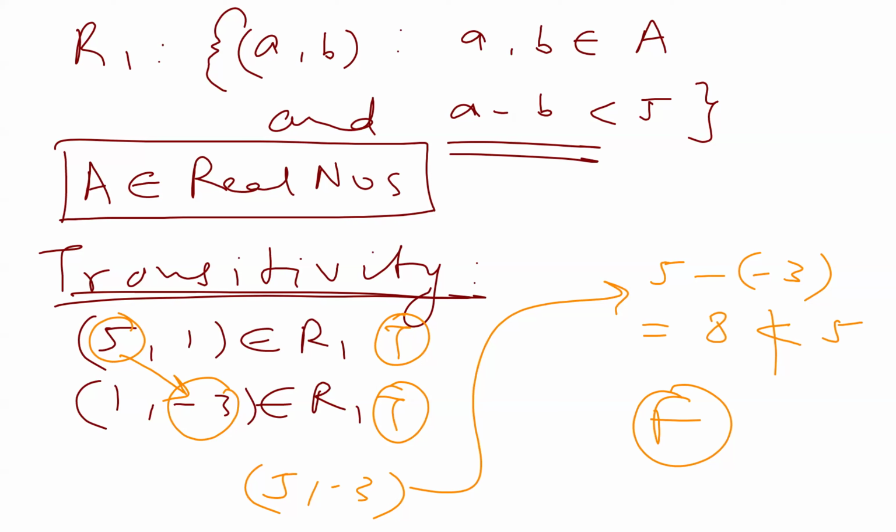Remember this example for your board exam, otherwise you will keep on searching. So this is not transitive. And yesterday we did one thing: if a relation is reflexive, symmetric, and transitive, it is called an equivalence relation.